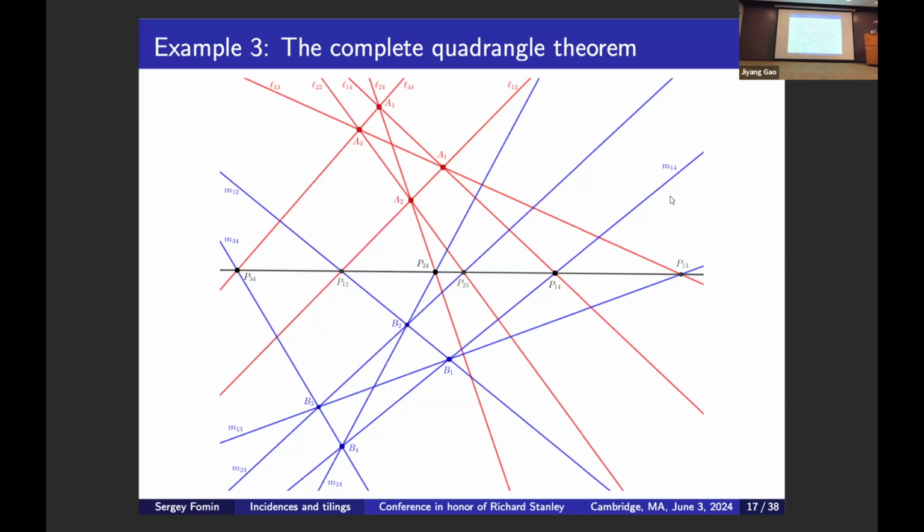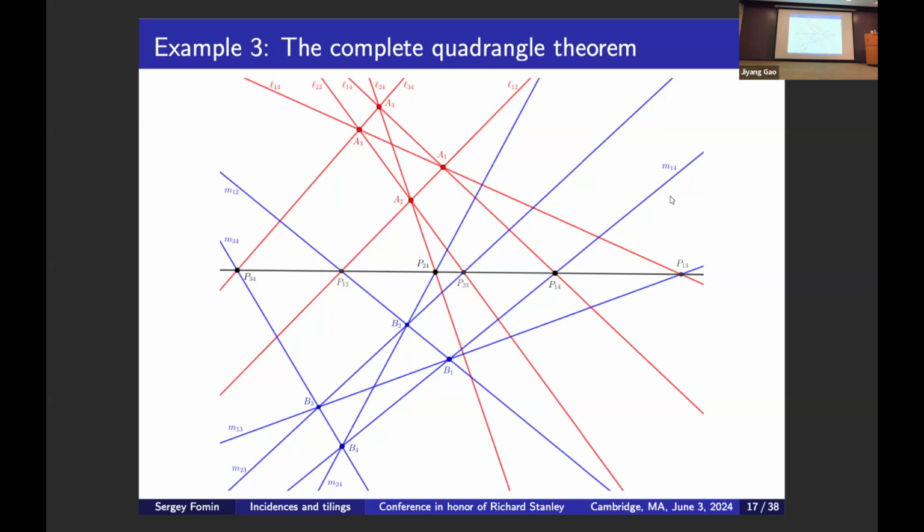Okay. So, this is the complete quadrangle theorem stated by Fomin. You can imagine what the theorem says. You take a red quadrangle, 4 arbitrary points, and draw 6 lines through them.